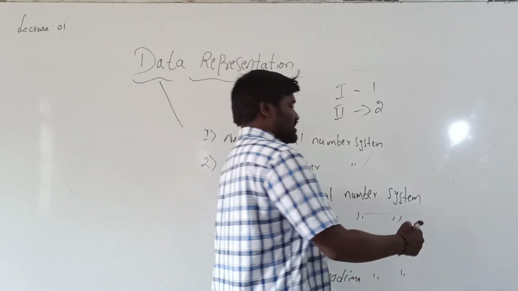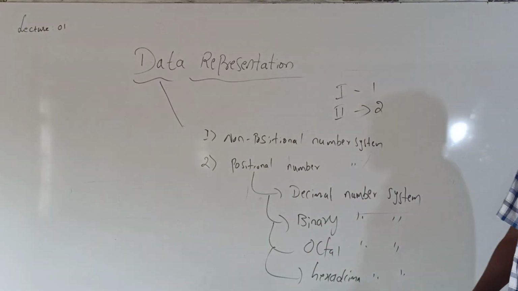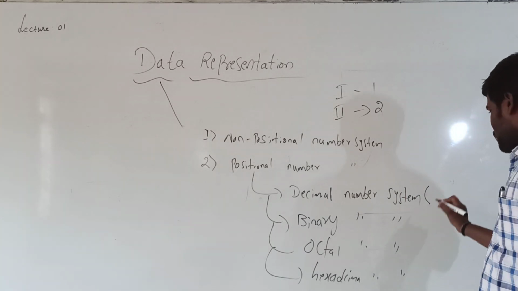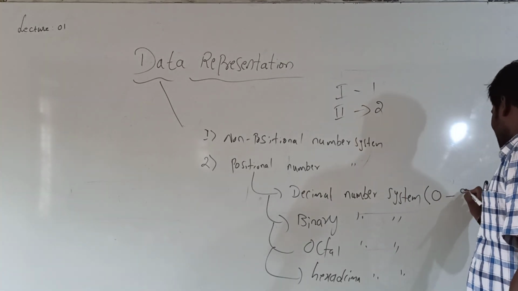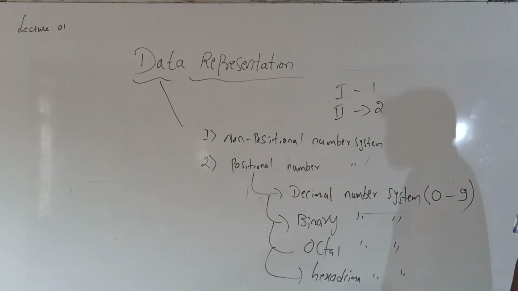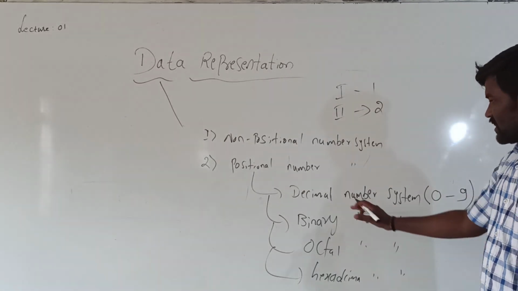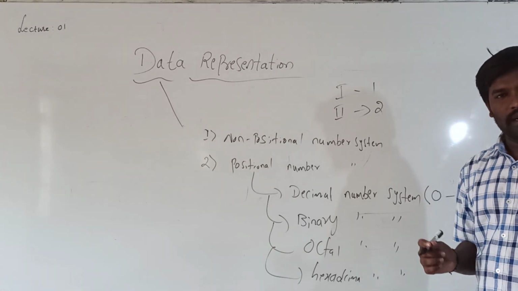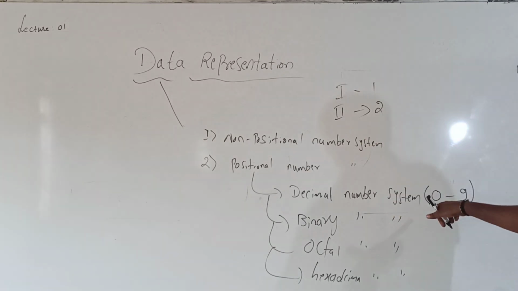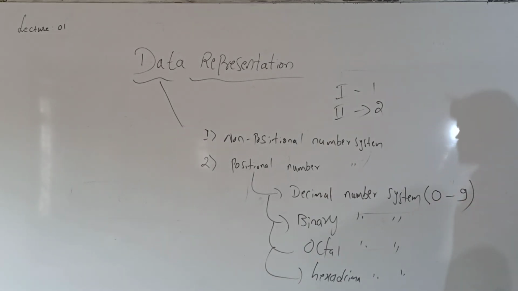The first one is the decimal number system. The decimal number system consists of 0 to 9 digits. Here 0 to 9 means a total of 10 numbers, and decimal means 10. It consists of 10 digits, 0 to 9.